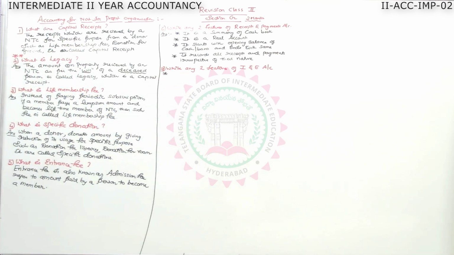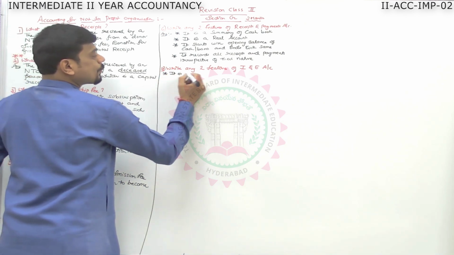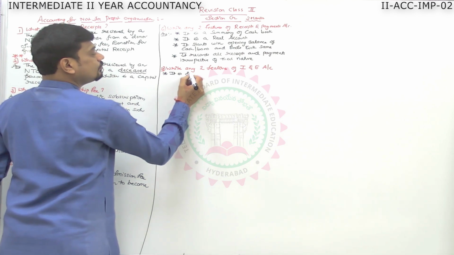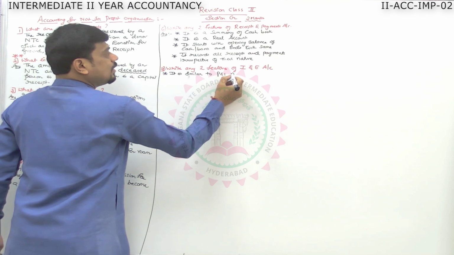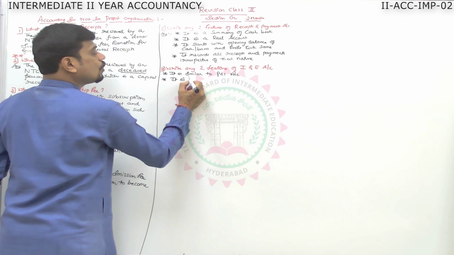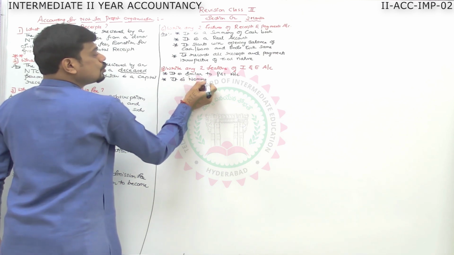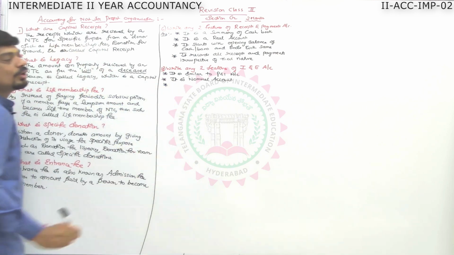First feature. We'll tell it is similar to profit and loss account. Then second feature, what you'll call? It is nominal account.